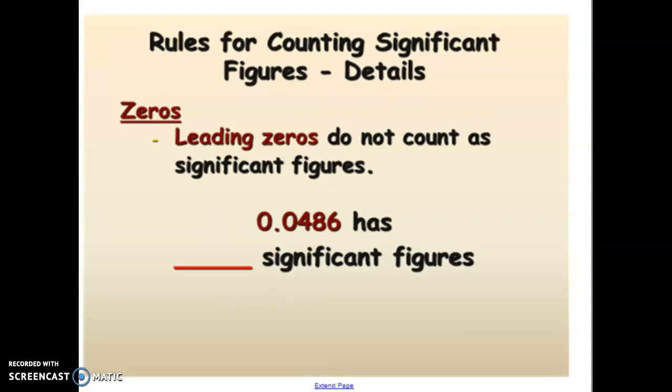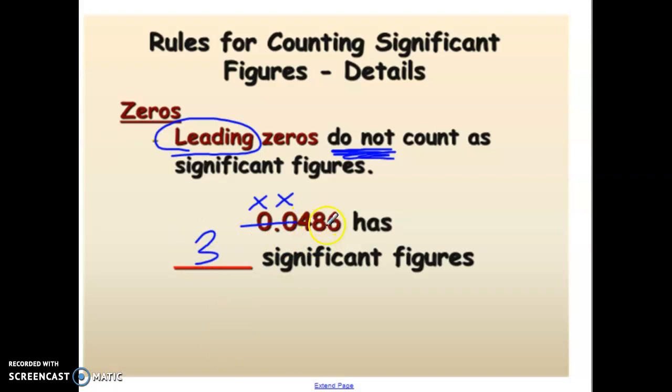Now let's talk about zeros. Zeros have a whole bunch of different rules depending on where the zero is located. First of all, any leading zeros, meaning zeros in front of your first actual non-zero number, do not count as being significant. In 0.0486, these 2 zeros, because they are in front, are not counted as significant.